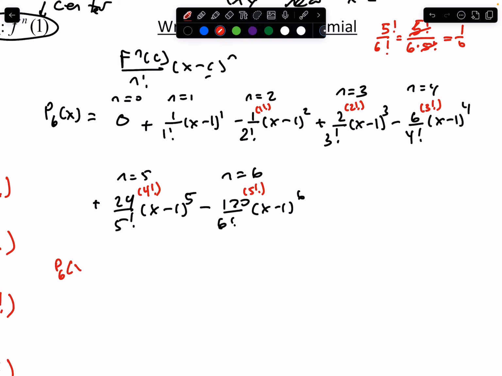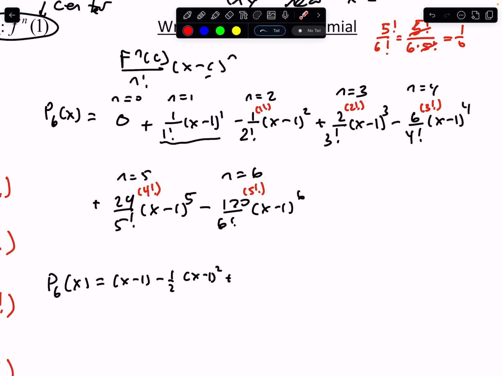So our 6th-degree Taylor polynomial becomes, leave the 0 alone, this first term just becomes x minus 1, minus 1 factorial over 2 factorial, which is just 1/2 x minus 1 squared.